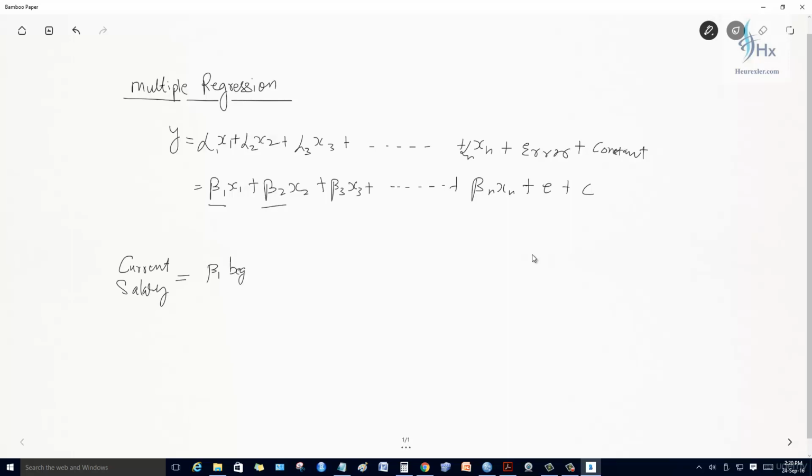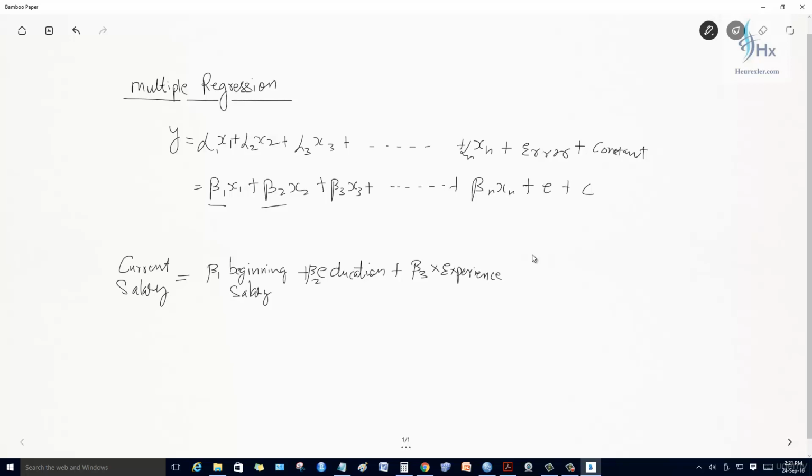Then we can take our second variable as the education, so beta 2 into education category. Then the third variable we may take as experience, for which we are going to get a third coefficient, beta 3 into experience. So we have built a simple model by taking three variables.